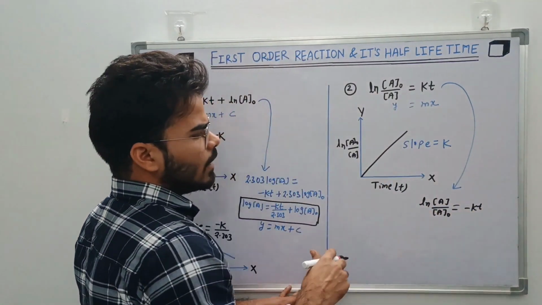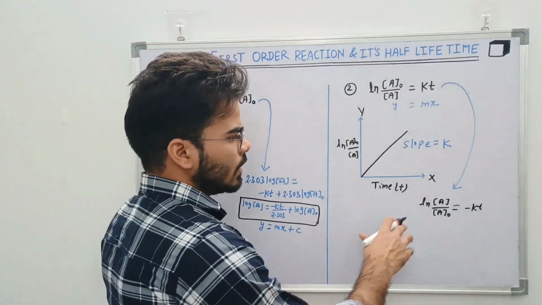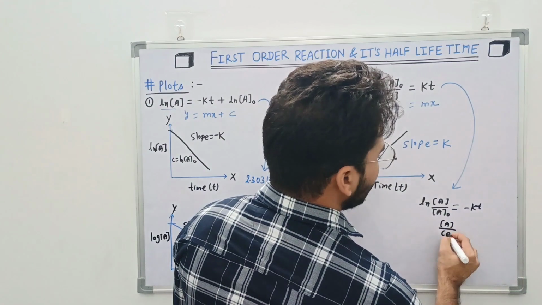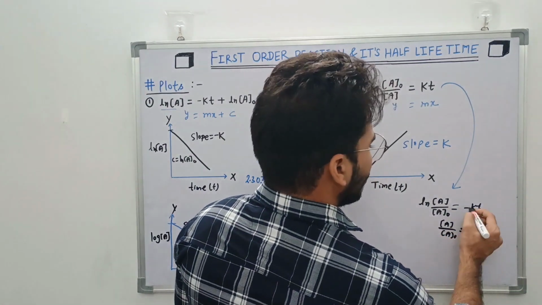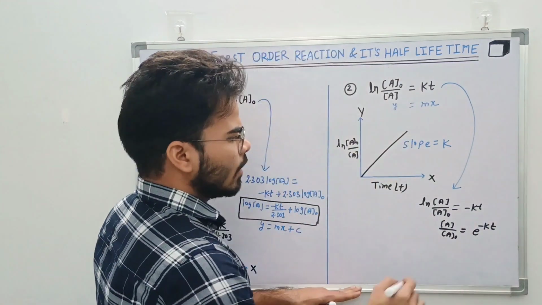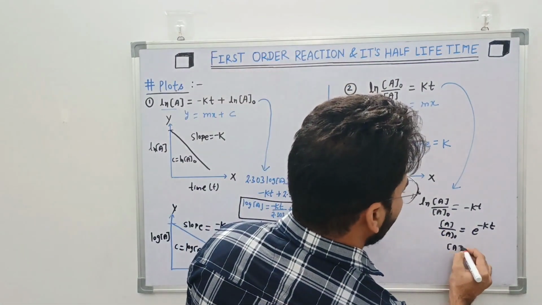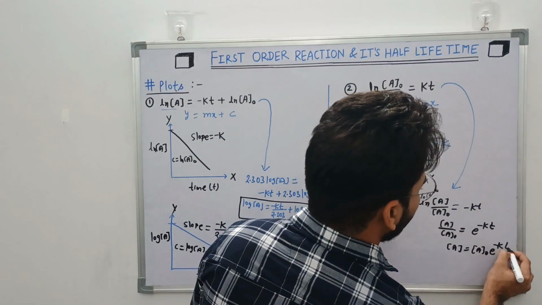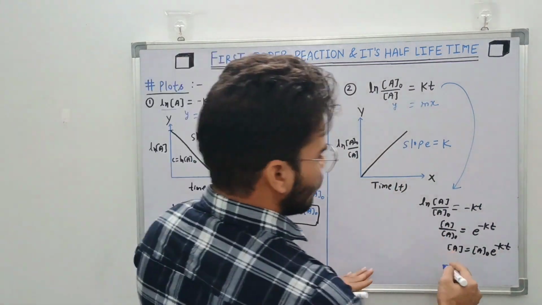When we take anti-ln on both sides, this equation will change into a upon a0 equal to e to the power minus kt. We can also write this as a is equal to a0 e to the power minus kt. So this is our final expression.